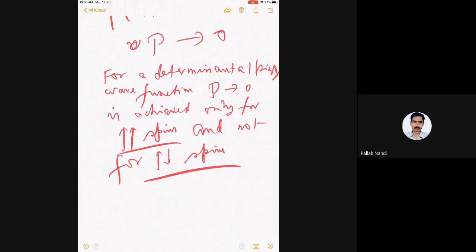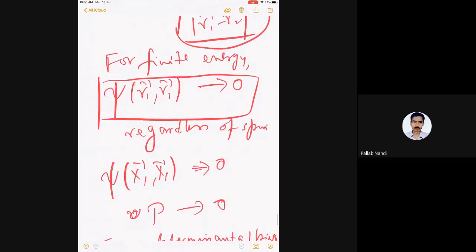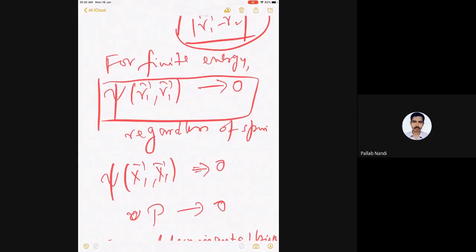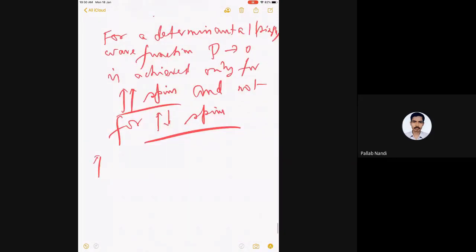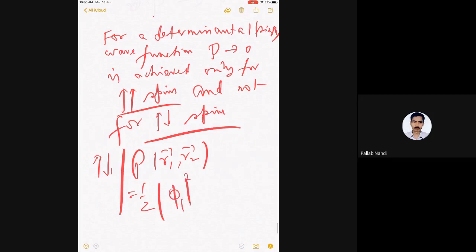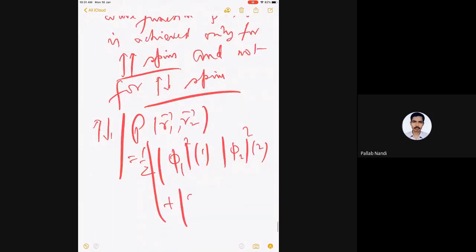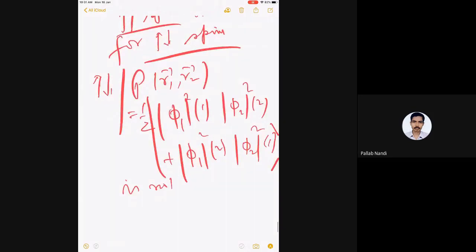But in actual practice, the wave function goes to 0, so the probability should always be 0. So the fact that for antiparallel spins, I got my probability P(R1, R2) as simply half of modulus phi 1 square 1, modulus phi 2 square 2, so this is R1 and R2 now, plus modulus phi 1 square 2, modulus phi 2 square 1, is not correct in the exact limit.